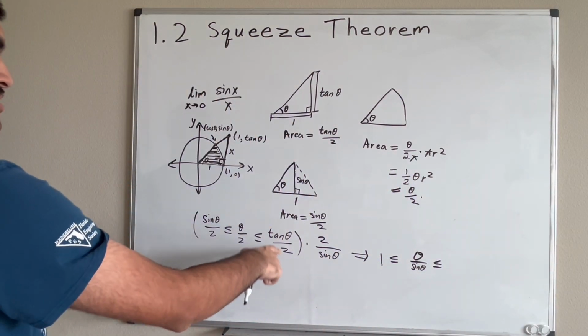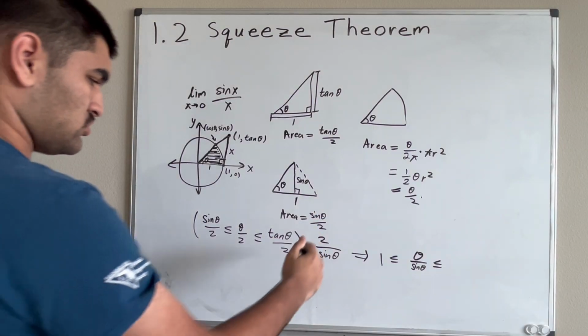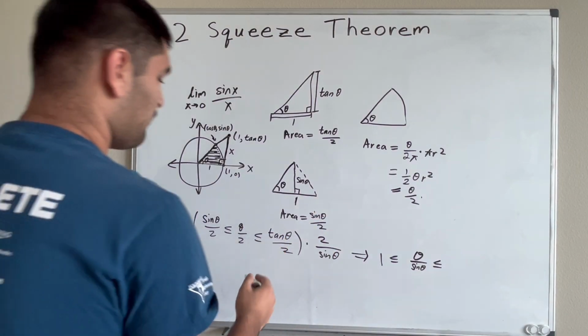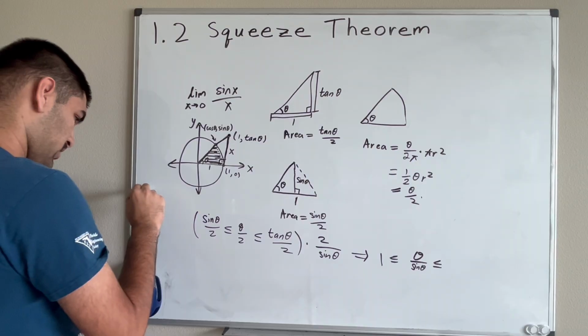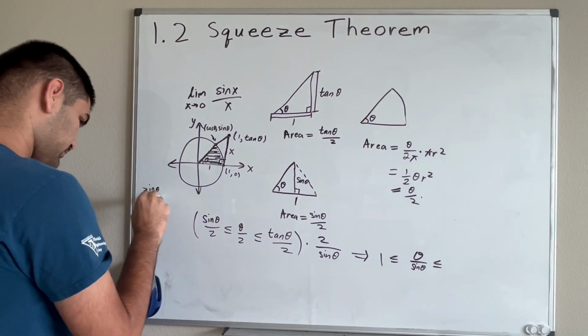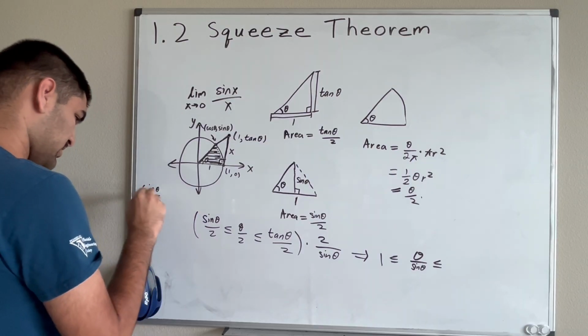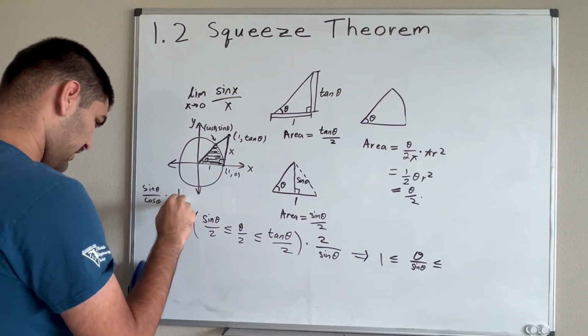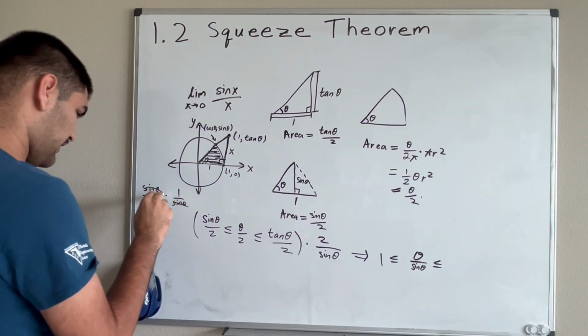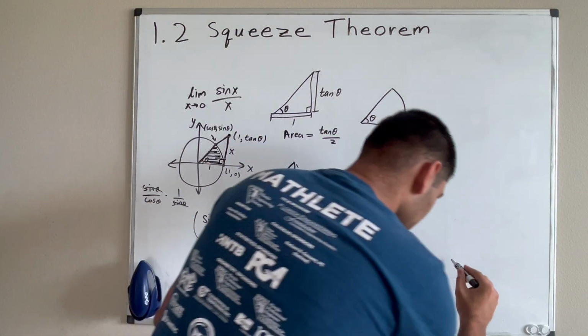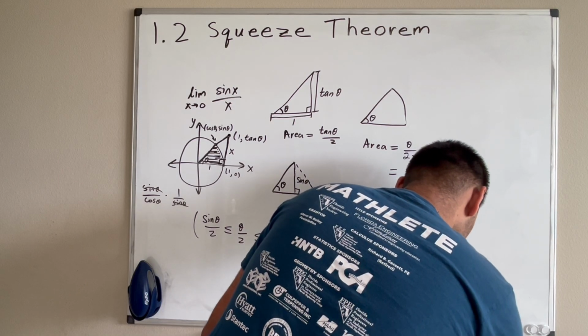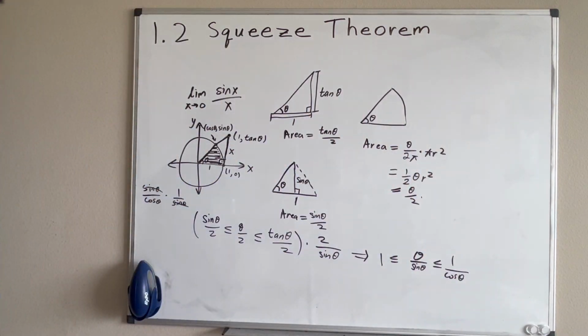And then tangent theta over 2 times 2 over sine theta. So the 2's cancel, and remember that tangent is equal to sine over cosine. So we have sine theta over cosine theta times 1 over sine theta. So the sines cancel, and you're just left with 1 over cosine. Alright, cool.